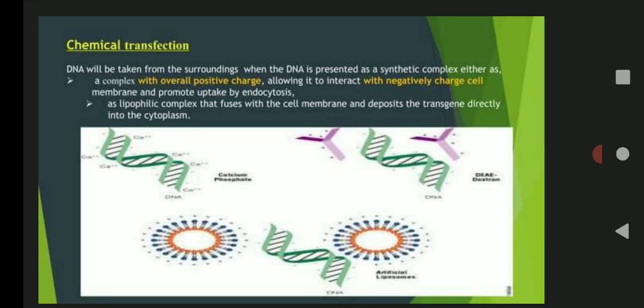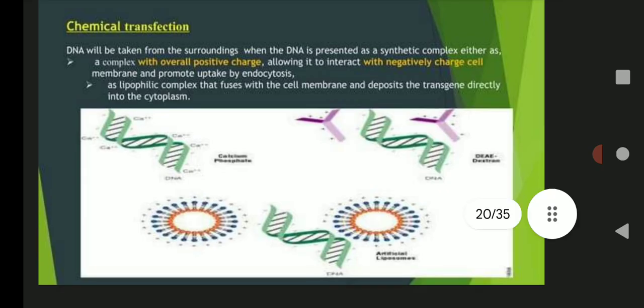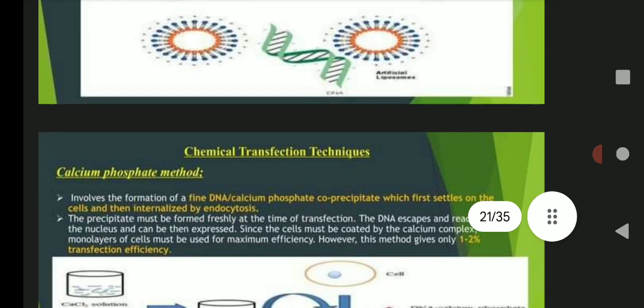Liposomes are bilipid, phospholipid layers. When added to the animal cell, automatically the fusion of the bilipid layer with the liposome takes place, thereby the DNA is directly incorporated into the cytoplasm of our cell.